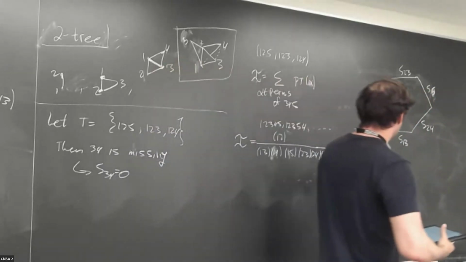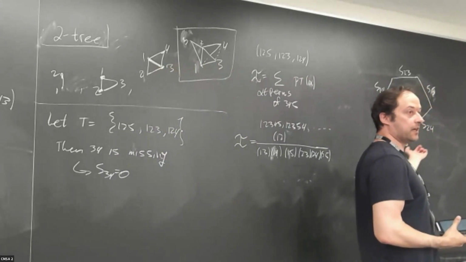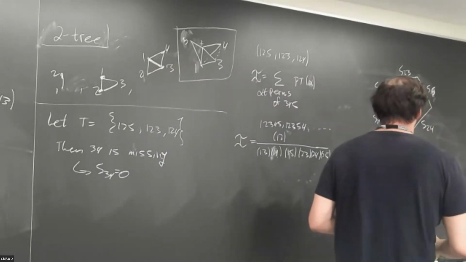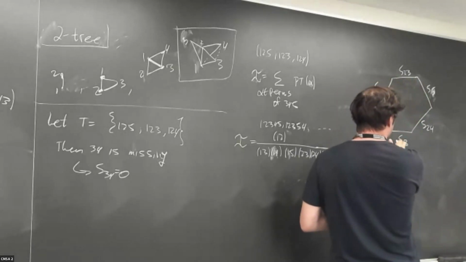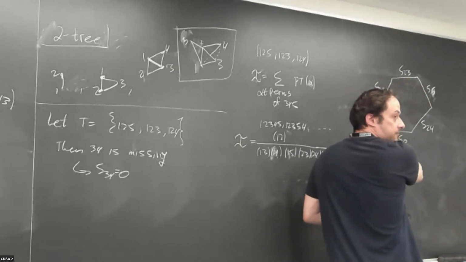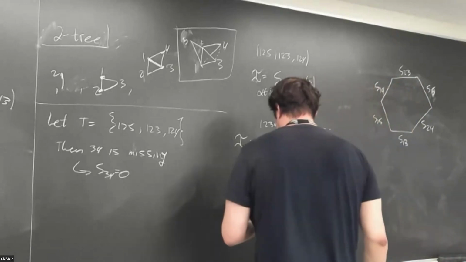You want to know, can Sij and Skl appear in the same denominator of the amplitude? Can they be adjacent? And you ask, are the two index sets disjoint. So that's the rule that we did there.